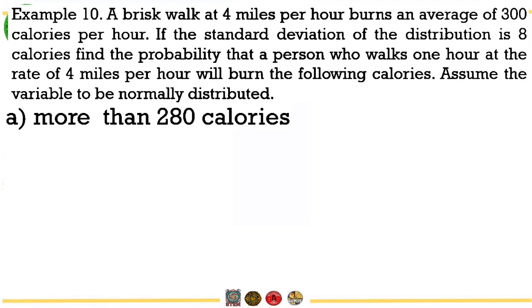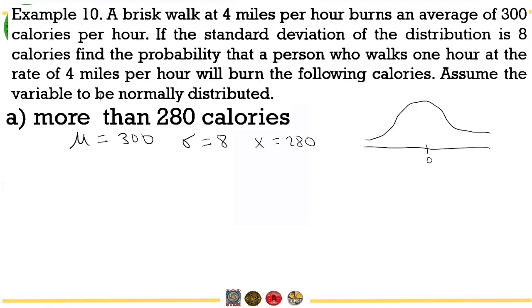So first, let's write the given. A brisk walk at 4 miles per hour burns an average of 300. So we need the average. So mu is equal to 300. We need the standard deviation, 8. X is 280. So let's standardize the given using z value.